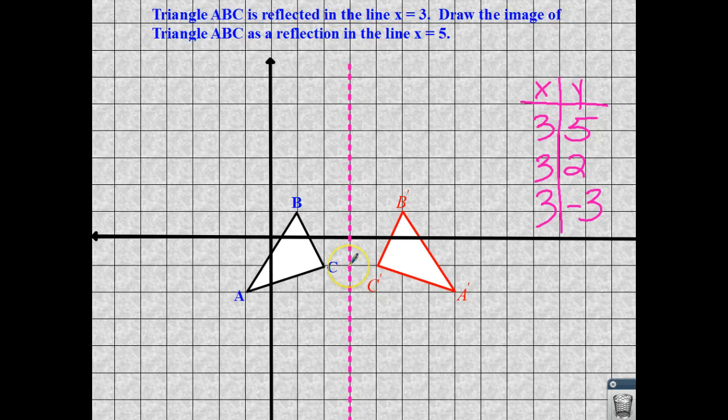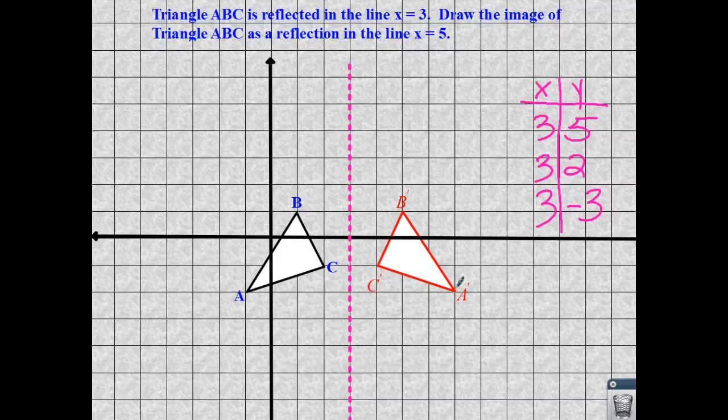C is 1 unit away, so I have 1 unit away on the right side of it, and we have C prime. And then the A, make sure you're not counting to the y-axis, we're counting to the line of reflection, so we go 1, 2, 3, 4, so we go 4 away. So we have just reflected over the x equals 3 line.